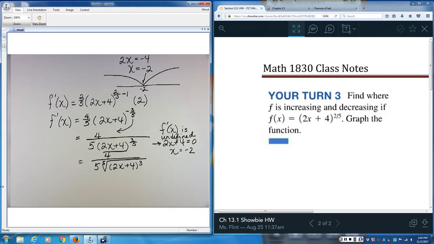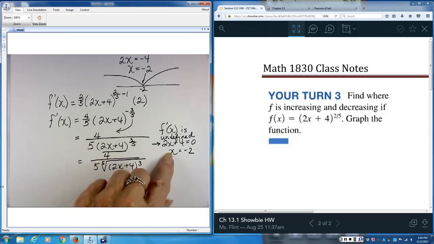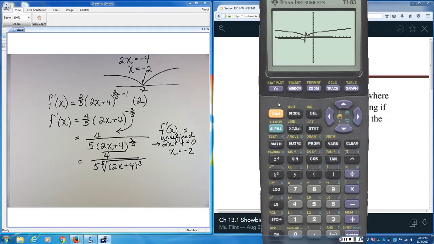So the derivative didn't exist. Now, it exists everywhere else except that. So all you have to look at after that then is go back to that graph or look at a table of values.